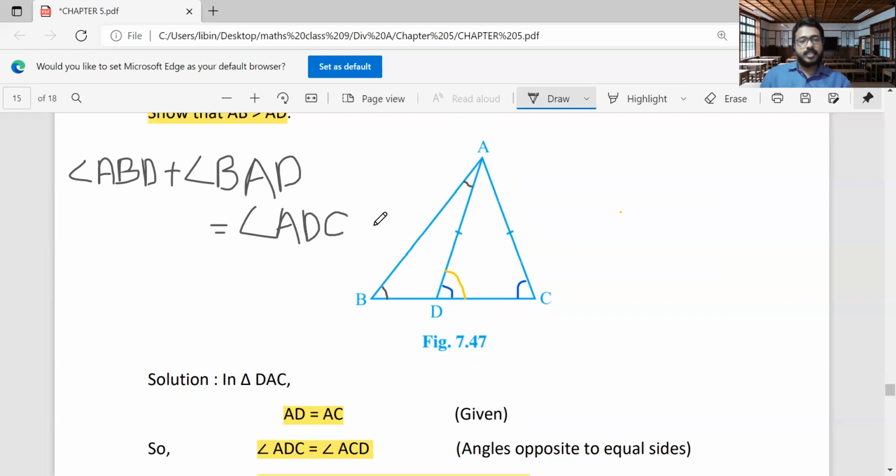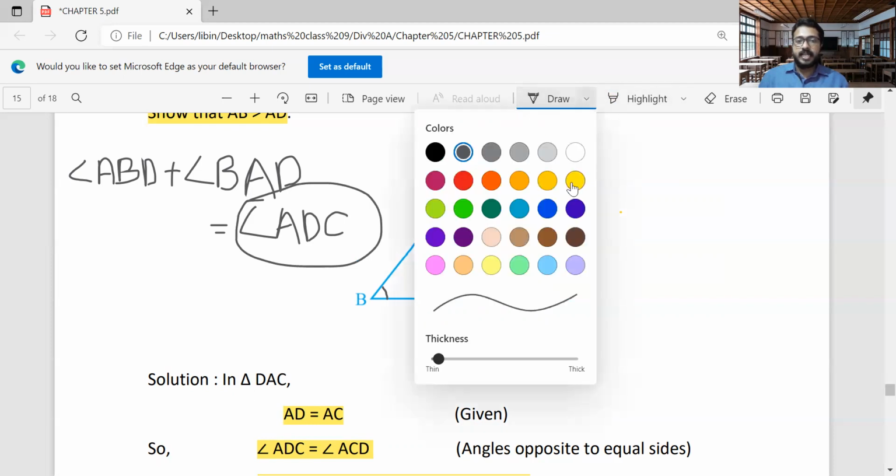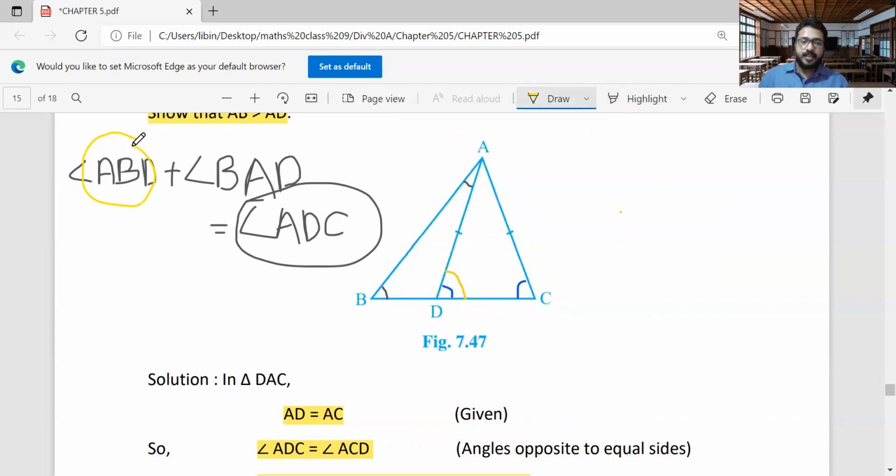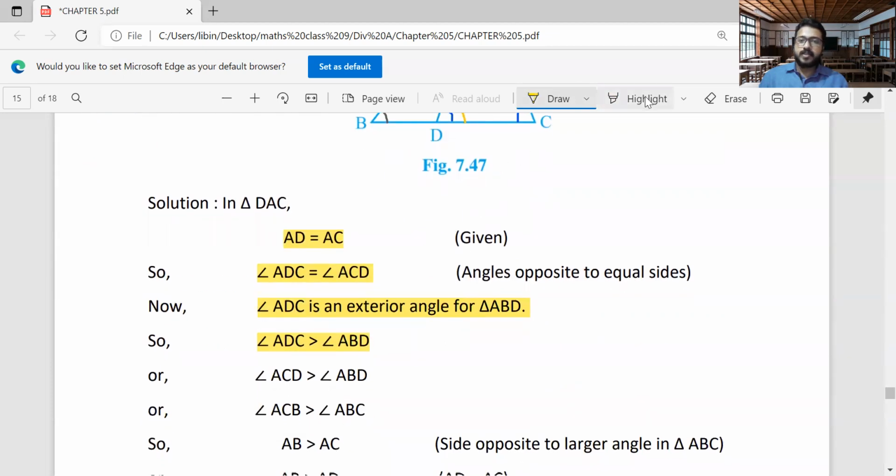Okay, so I think this is clear. This is our result. Now, from this result, it is clear that angle ADC will be greater than angle ABD. So that's why we have written angle ADC is greater than angle ABD.